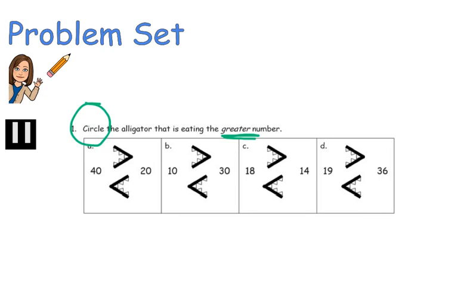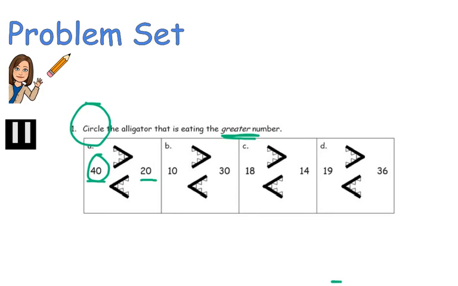So, here we go. 40 and 20. Which number is greater than? 40. Good. There we go, 40.